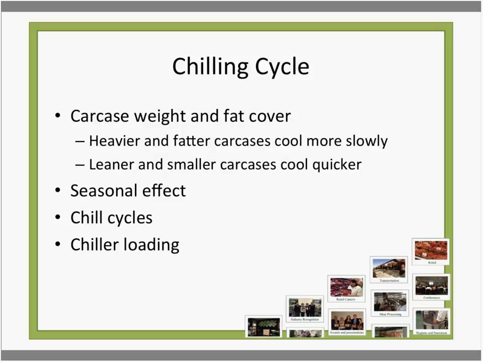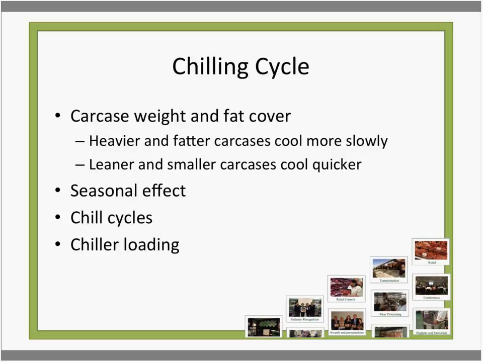And not surprisingly, kill cycles can be affected based on the carcass weight or the fat cover of the animal. The temperature of the animal won't reduce as much or as quickly if the animal is heavier and fatter and has more of a cover on it, which means that you've got a slower decline.